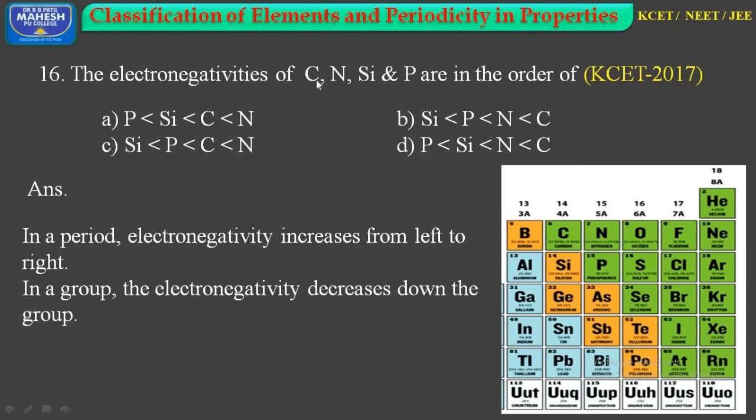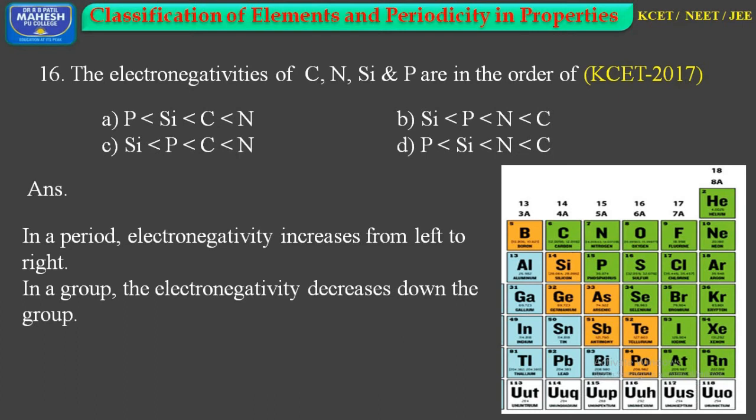And in the question, they are asking you between carbon, nitrogen, silicon and phosphorus. If we compare between carbon and nitrogen, nitrogen is towards the right side. So nitrogen is having a more electronegative value when compared to carbon.